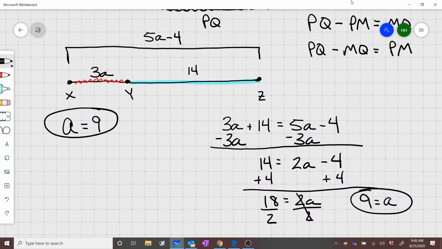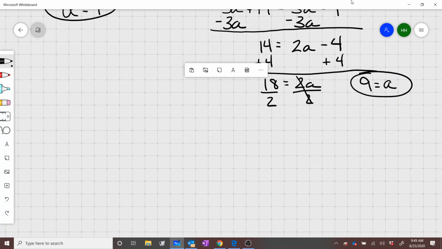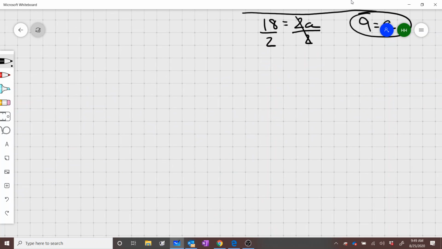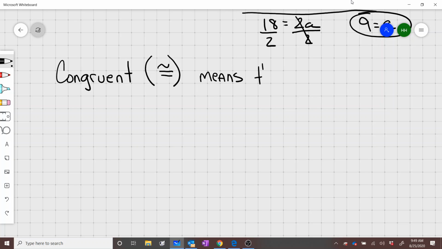Alright, the last thing that we need to talk about is congruence, or the term congruent. Here's the symbol for it. It's the equal sign with the squiggly line over it. Congruent means the same.